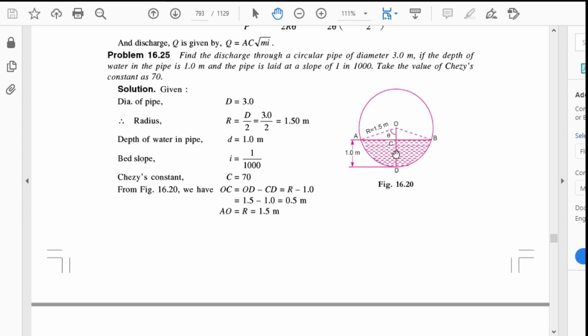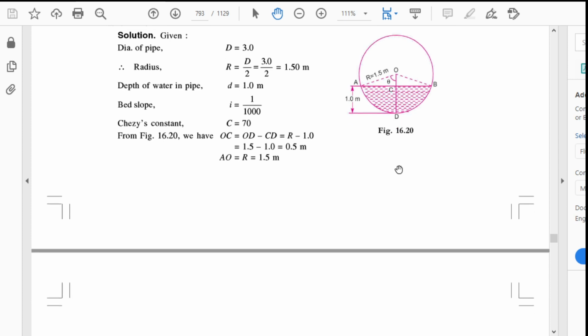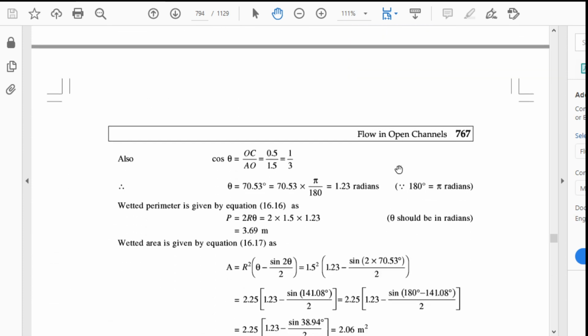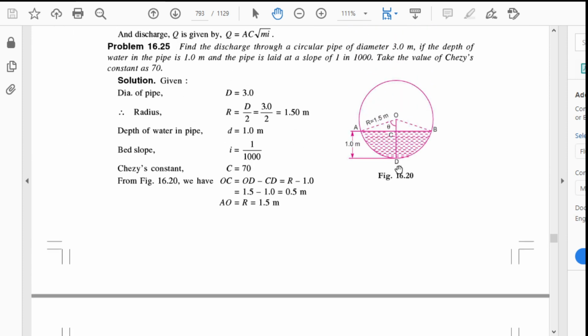This OD is nothing but your radius and this CD is nothing but the depth of water. So the value of OC will be 1.5, that is R, minus 1, which is 0.5 meters. Now the cos of theta. Here the theta value is not given, so here we have calculated the value of OC.